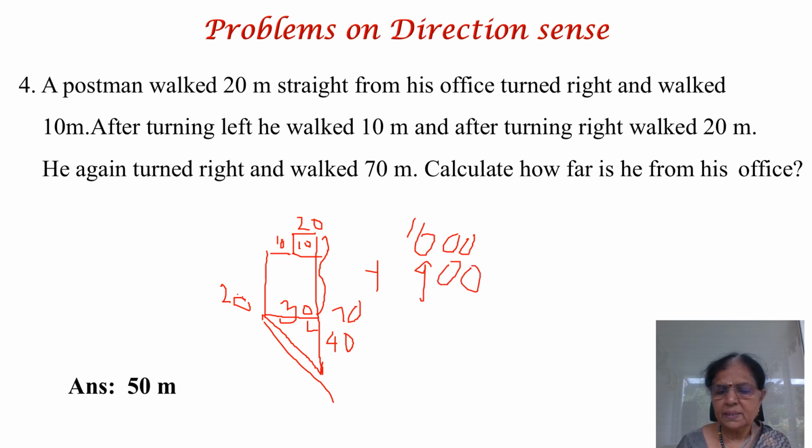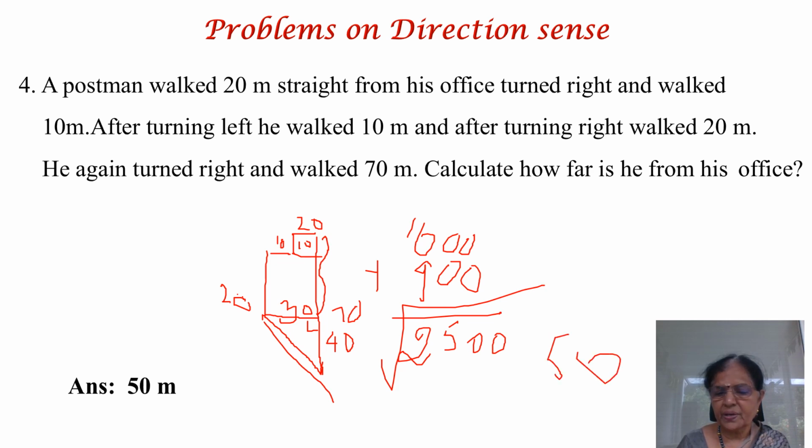You add this, you get 2,500. This is h squared, hypotenuse squared, and the square root of this is 50. 50 into 50 is 2,500.